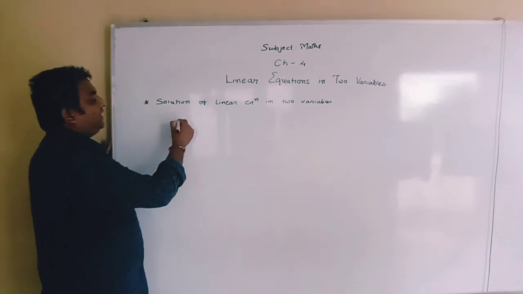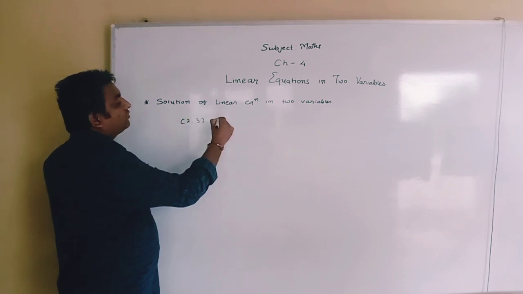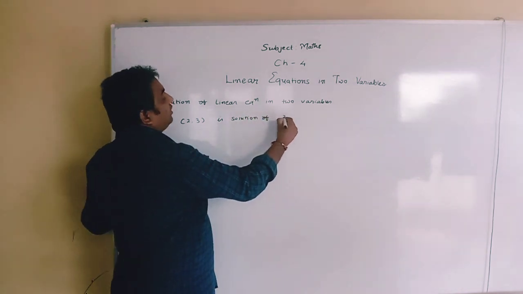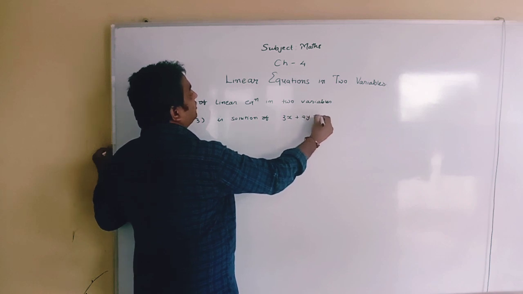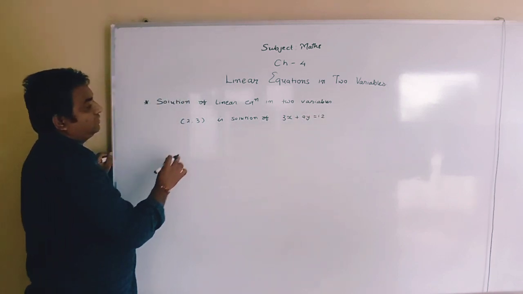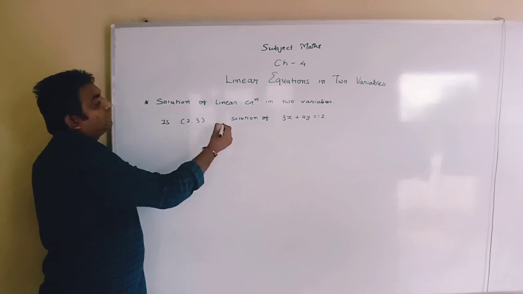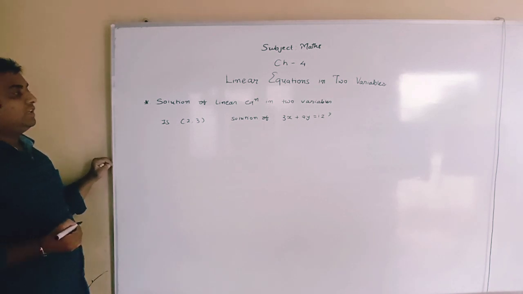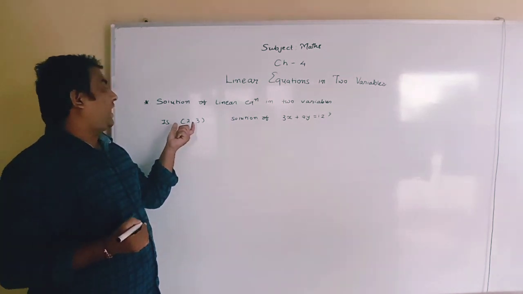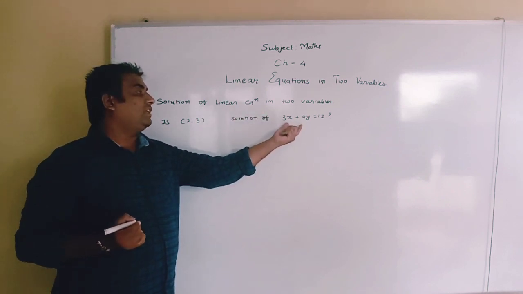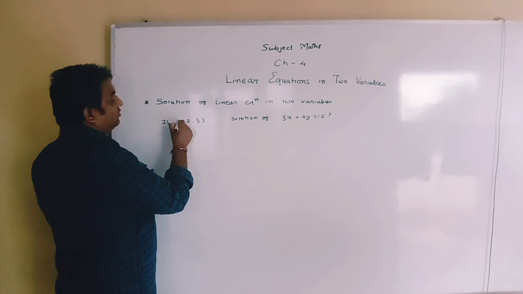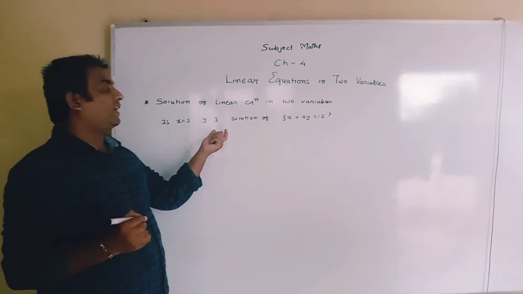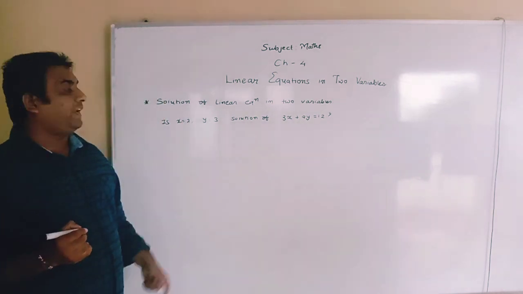Now if somebody asks whether (2, 3) is a solution of 3x plus 2y equals 12, we know that we substitute the x and y values. We take x equals 2 and y equals 3 and substitute them in the equation.